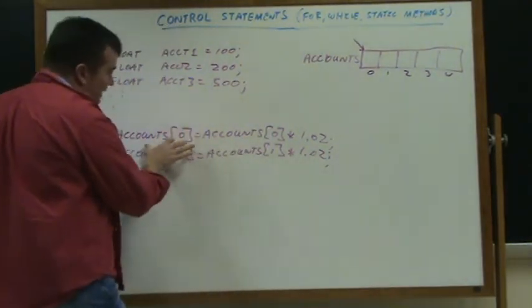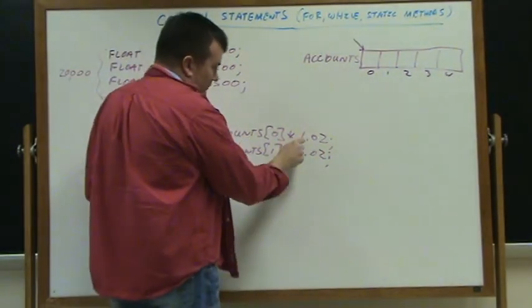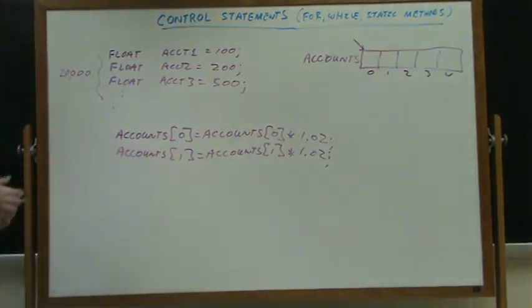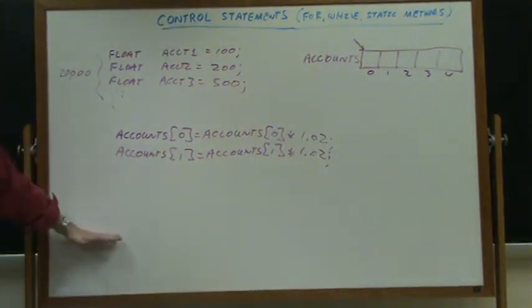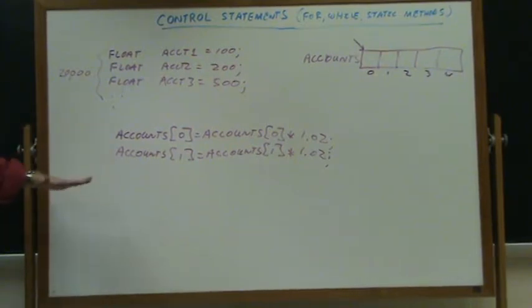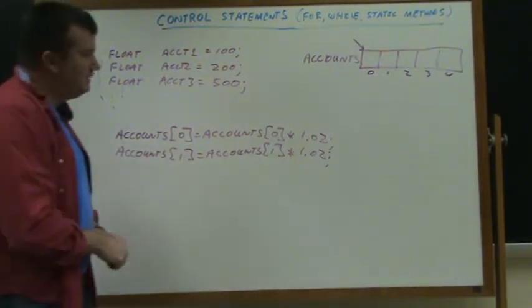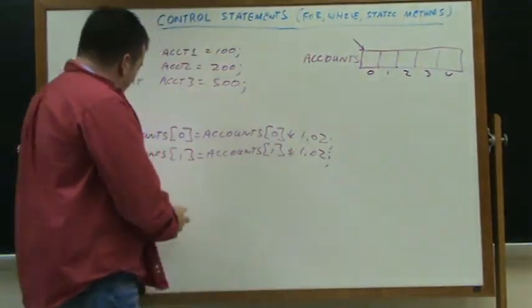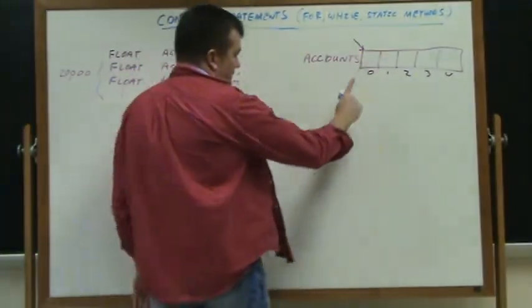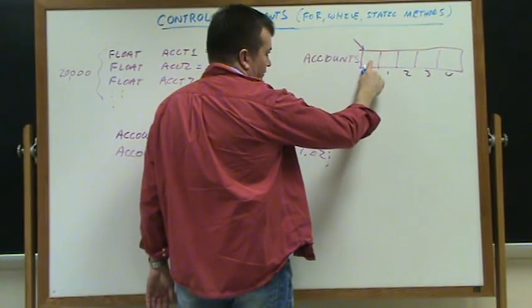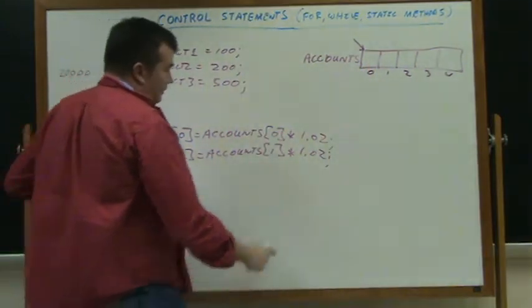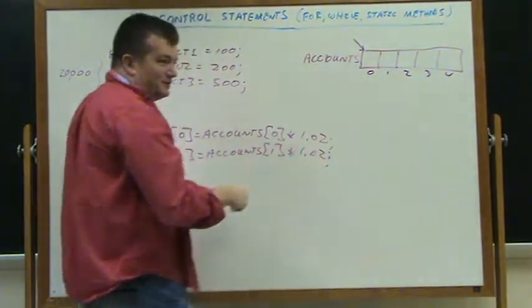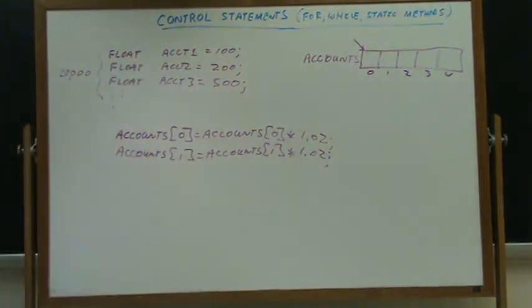We're taking whatever the value is, multiplying it by 1.02 and storing that value back. But this would still take 20,000 lines of code, and yet we're doing the same thing over and over with one difference. The number we're doing it to changes. So the first line of code would add 2% interest to this one. The second line of code would take this box and add 2% to itself, and so on, right?